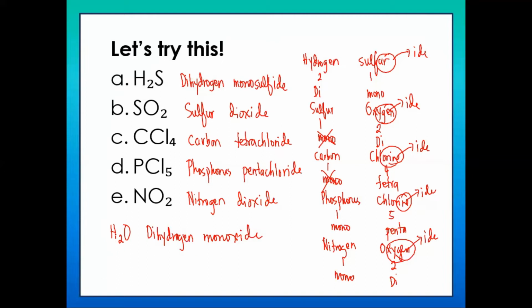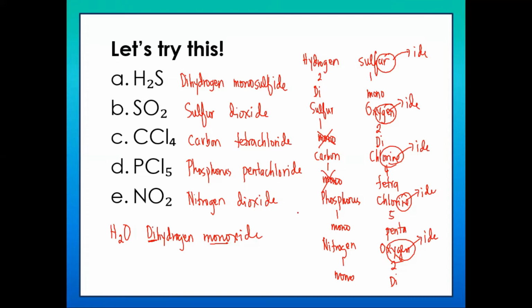Why? You have 2 atoms of hydrogen, making it di. You have 1 atom of oxygen, making it mono. You just change the suffix of oxygen into IDE. So therefore, the covalent name of this compound, which is water, is dihydrogen monoxide.